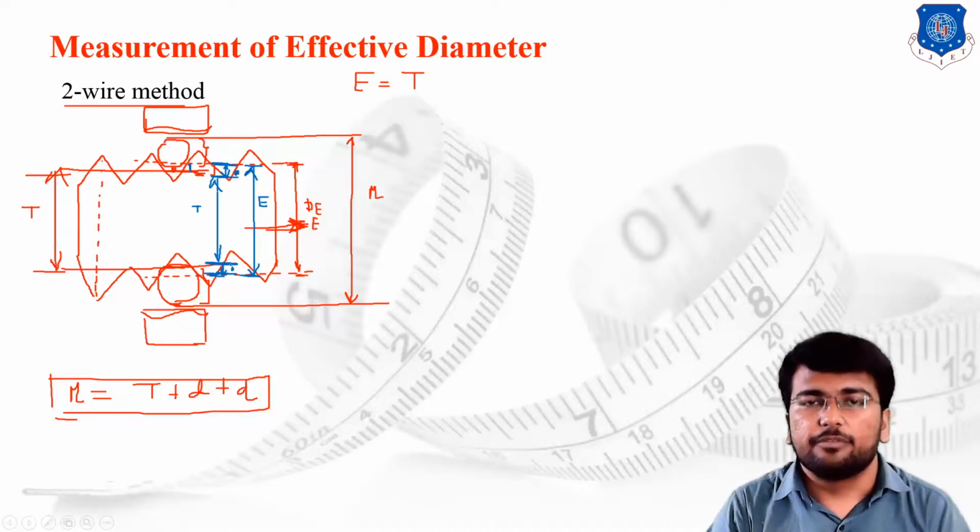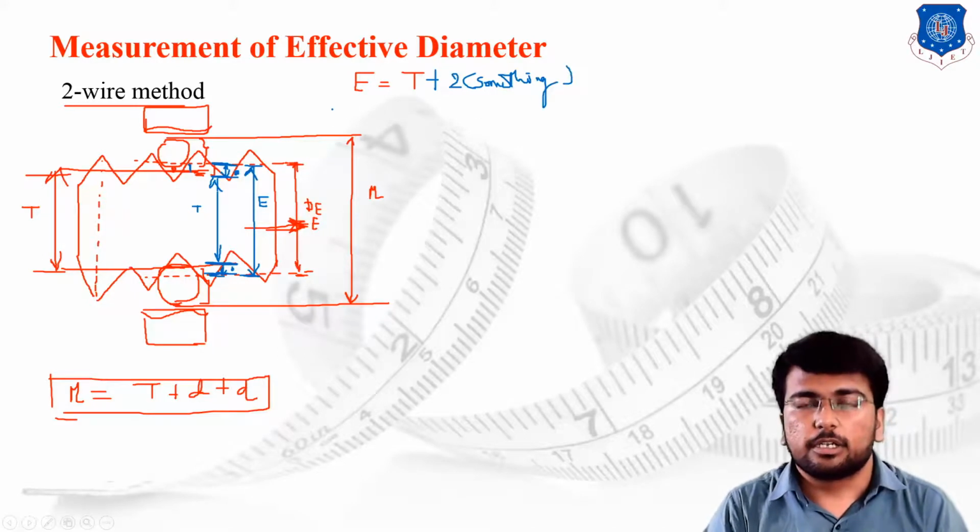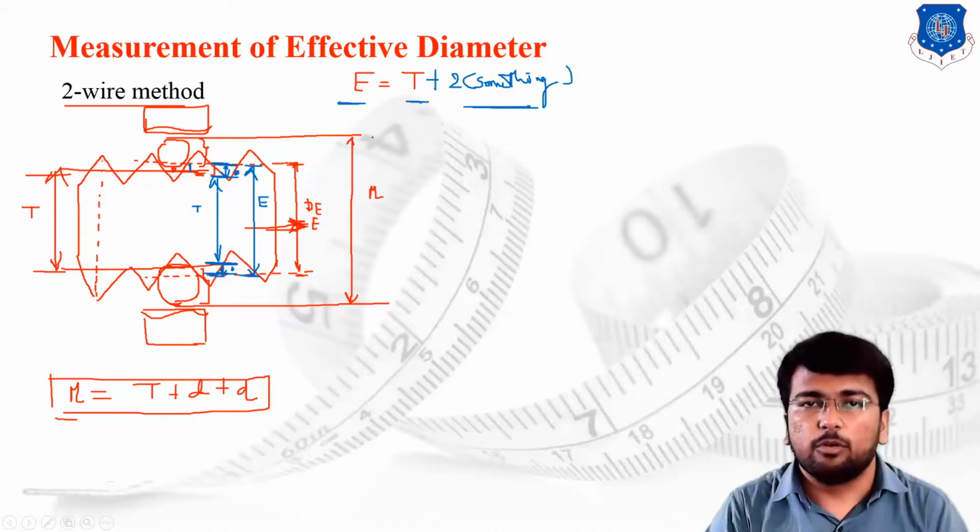We have T plus 2 times something. I can write that the effective diameter E is equal to T plus twice something. Now my question has been reduced to finding the value of this something.